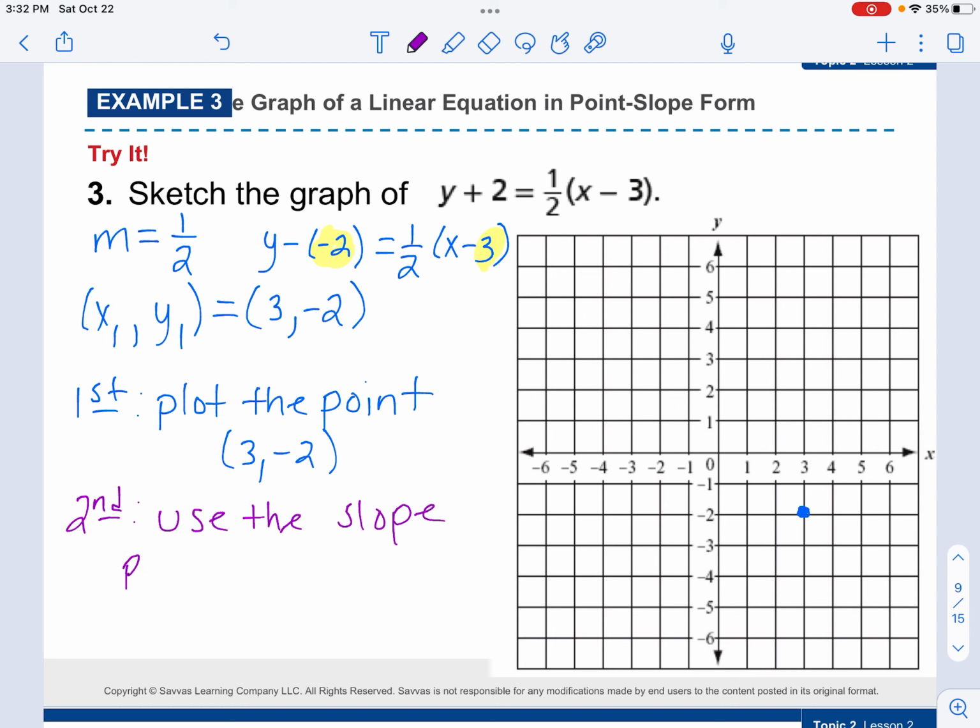Remembering that slope is rise over run. And we have a slope of 1 over 2. So from that point, I'm going to go up 1 and then go to the right 2. And I'll end up here. And this is the graph of the equation.